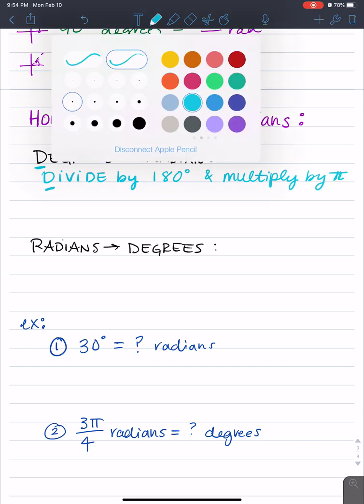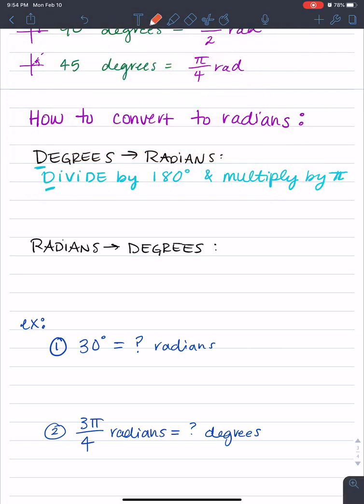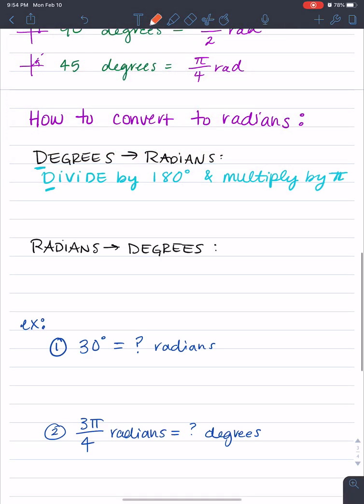Okay, let's do a little tiny example before we do the next one. For example, if I am giving you degrees, like let's say 20 degrees, and I want to convert that to radians, you're going to follow your steps here. Divide by 180.